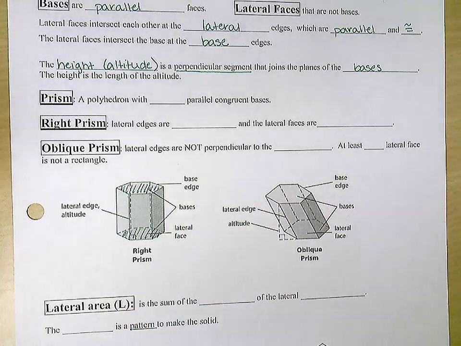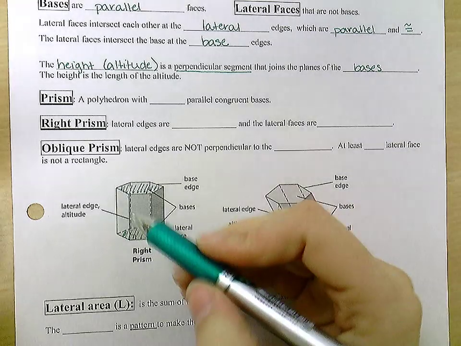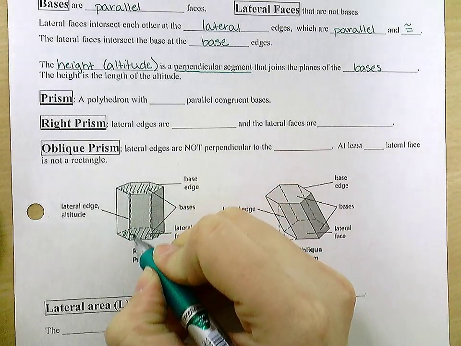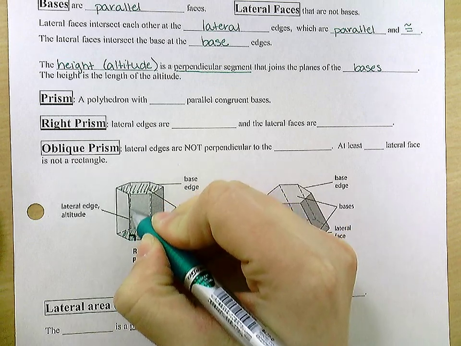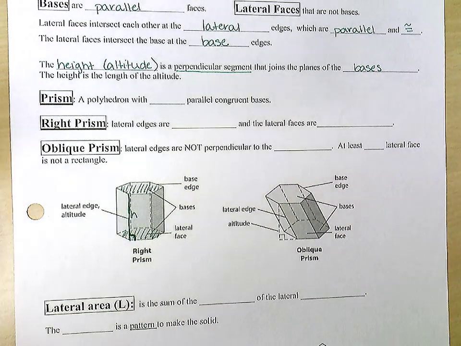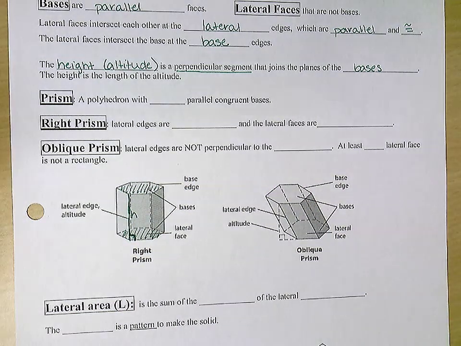Those distances around the outsides are the lateral faces. The height is this perpendicular segment between your two bases. So this length would be the height. It has to be perpendicular between the two bases.